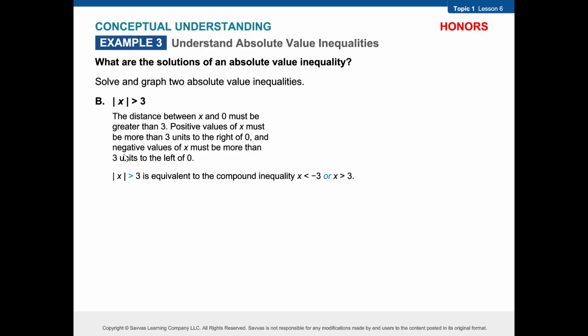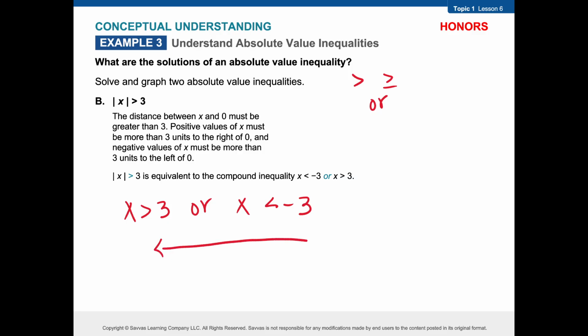Positive values of x must be more than 3 units to the right, and negative values of x must be more than 3 units to the left of 0. So that's why x has to be a number greater than 3, or x has to be a number less than -3. So again, when it's greater than or equal to, those represent your ors.